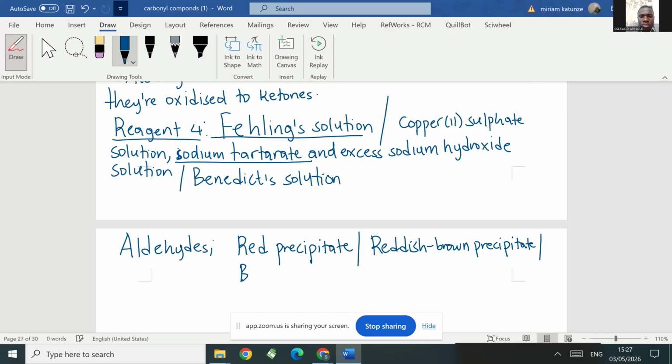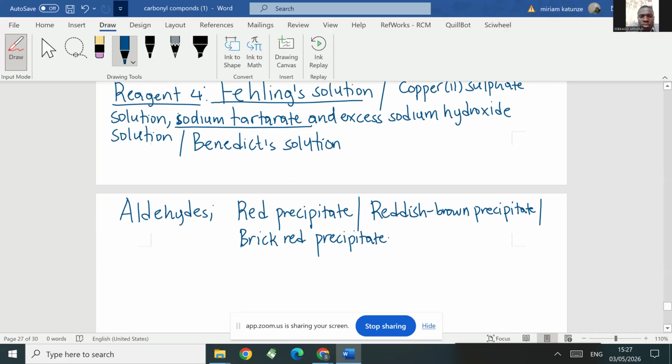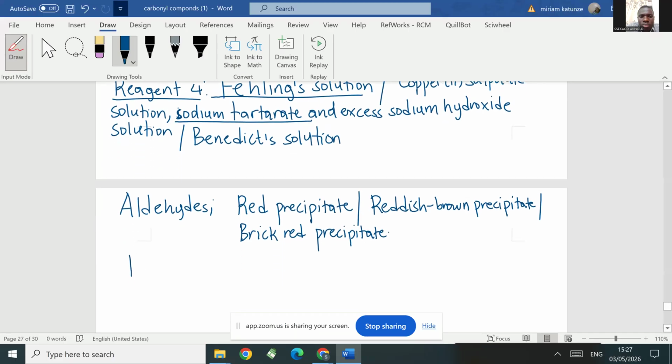Also brick red precipitate. Ketones do not give a positive test. There is no observable change.